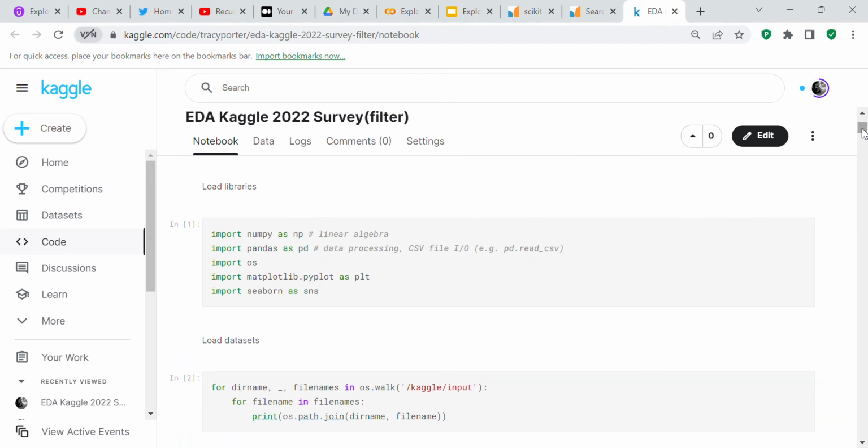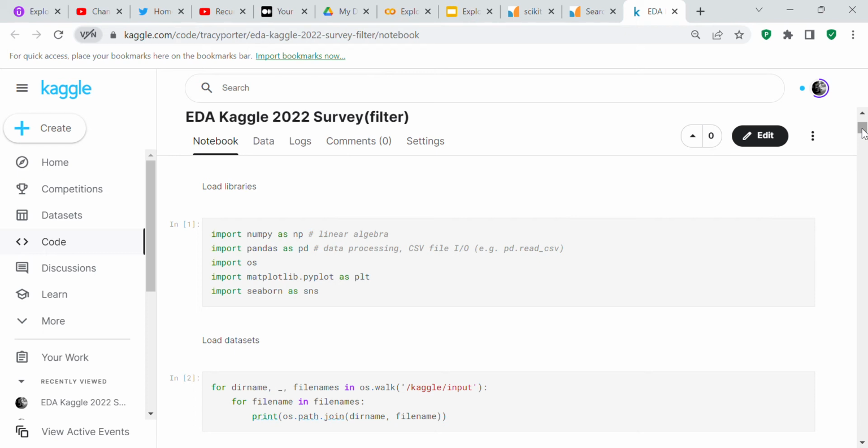I created this Jupyter notebook in Kaggle's Jupyter notebook under the survey. And I imported my libraries. I imported NumPy as np, a numeric computation library that creates NumPy arrays.